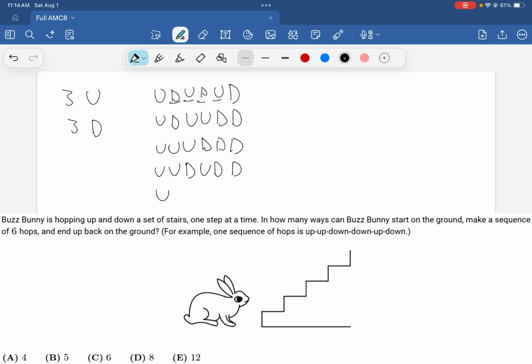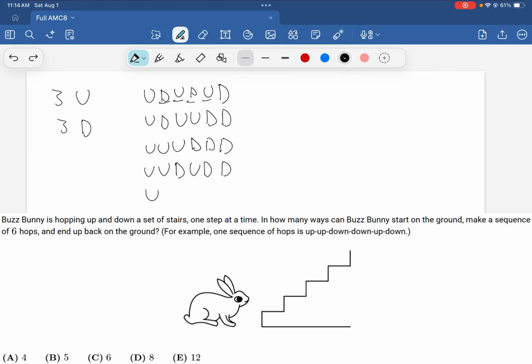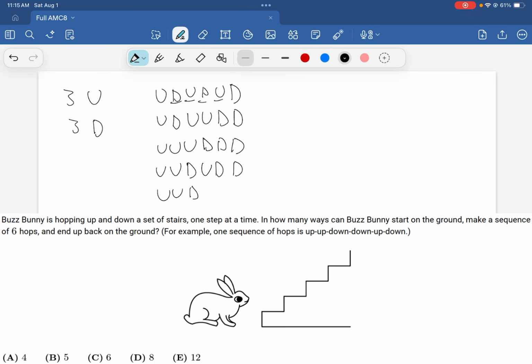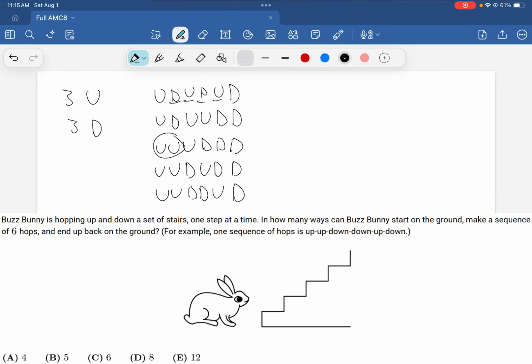And again, you can switch these two. We have up, up, down, down, up, down. So this should be all the cases. We exhausted all the ones starting with up, down, and all the ones starting with up, up. And the answer should be 5, B. There's 5 sequences.